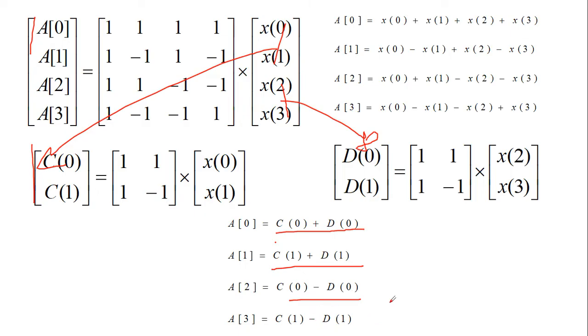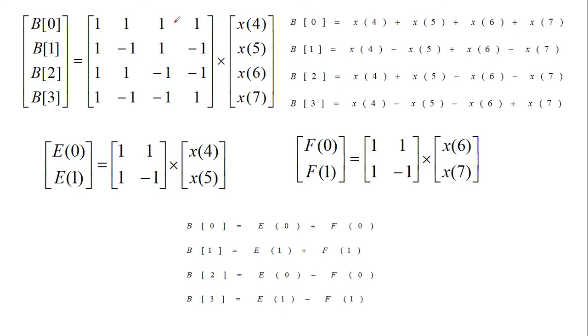Similarly we can go for B. So for this we can use E, and for this we can use F. We can write down this combination, and this combination, that is all the combinations of B, can be represented with respect to E and F. So first two are addition and second two are the negation addition.